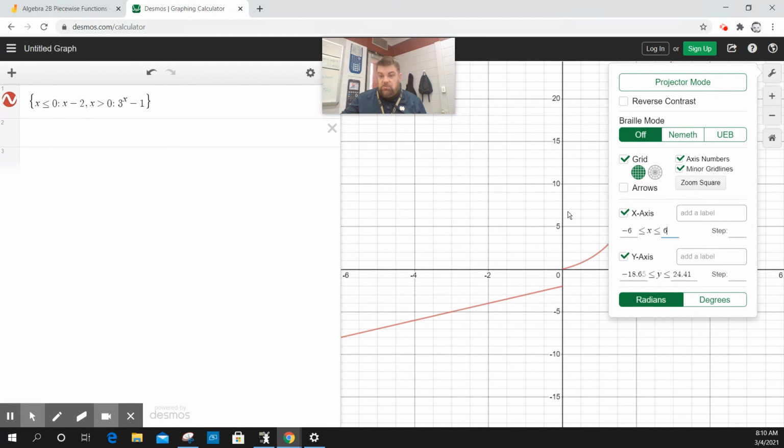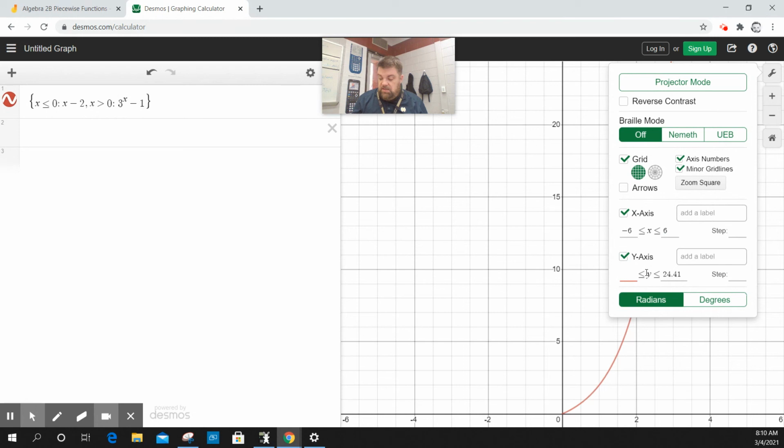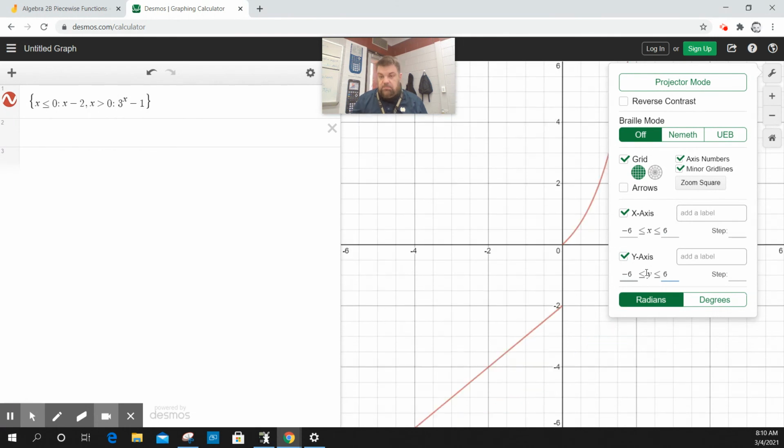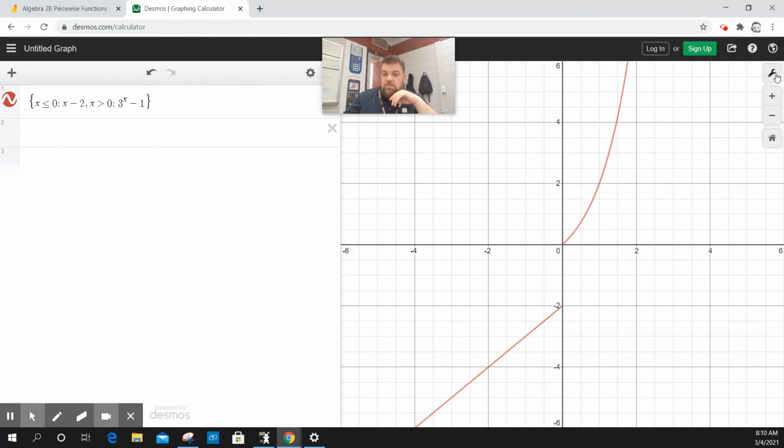My x-axis goes from negative 6 to 6, and my y-axis from negative 6 to positive 6. So now my graph looks just like their graph, okay? So that one looks about right. Let's double check it. Let's take a picture.